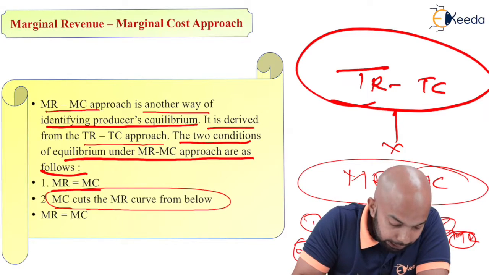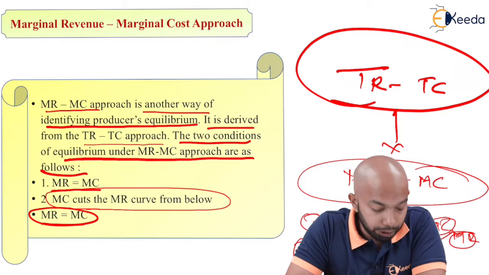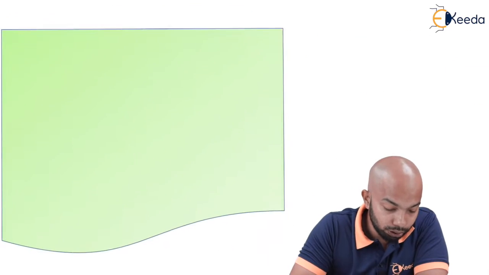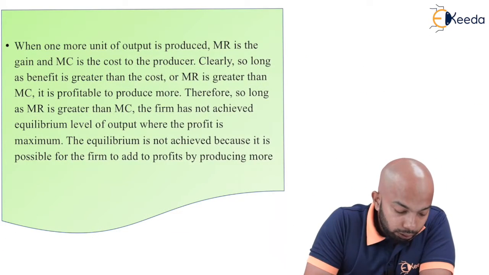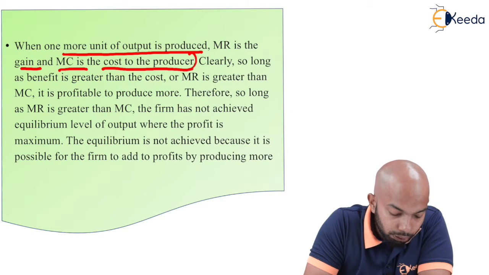Now, let's go to the explanation of the first condition: marginal revenue is equal to marginal cost. When one additional unit of output is produced, marginal revenue is the gain and marginal cost is the cost to the producer.